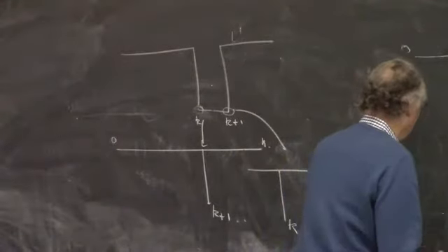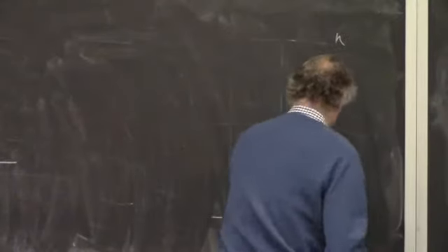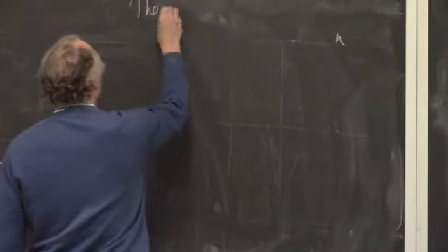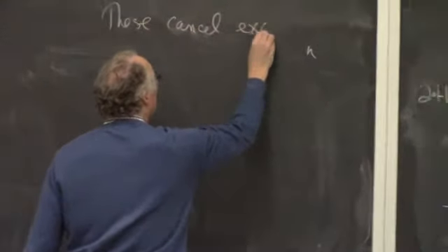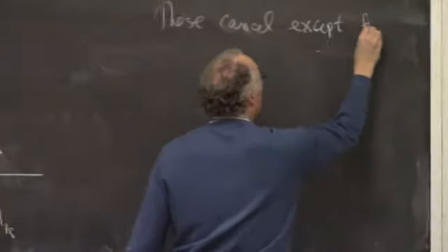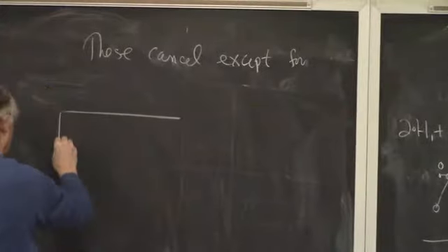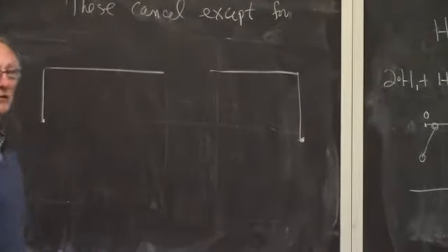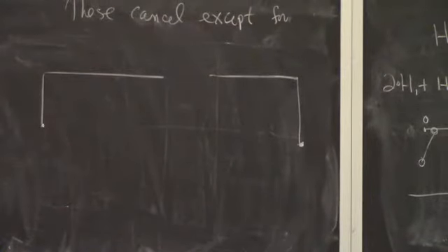So these cancel in a telescoping fashion, except for, you're left with these two. What are those? The extremals of H0.